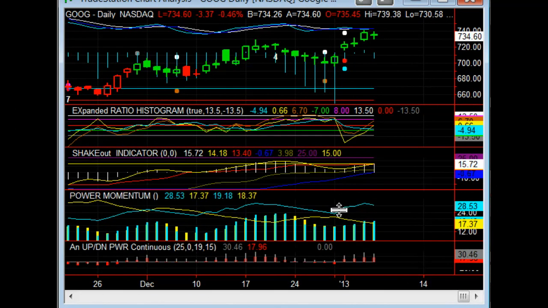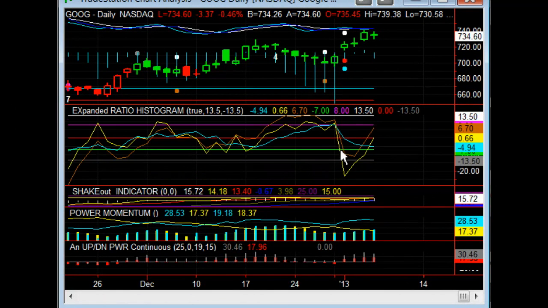And then, finally, we look at our expanded ratio histogram, which suggests that we're going to resolve to the downside on this. Though the fact that you got the orange back above is a little bit more of a positive right now. You would need to see the yellow shoot past the orange right here to get you your final setup. And that would be interesting because if we move past the plus 13 and you get that yellow above there, then you would have a clear ratio histo psi signal, which would project a much longer decline in Google.